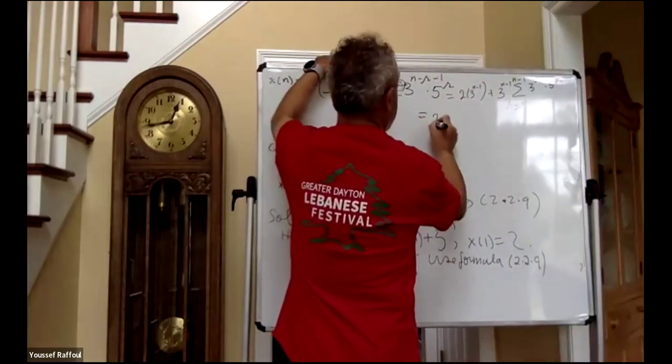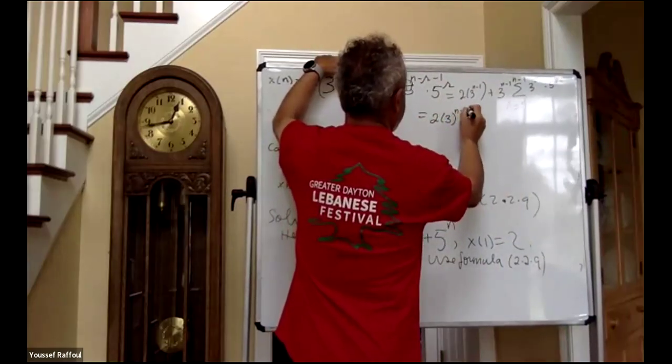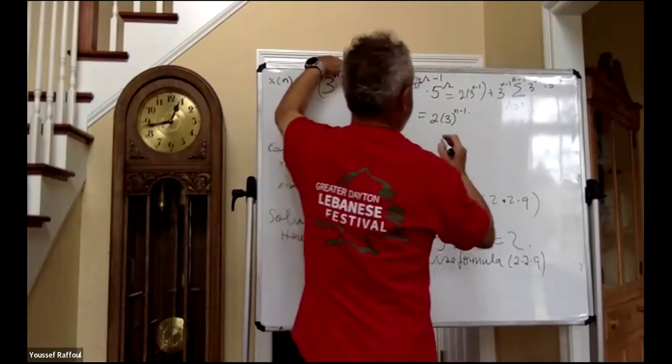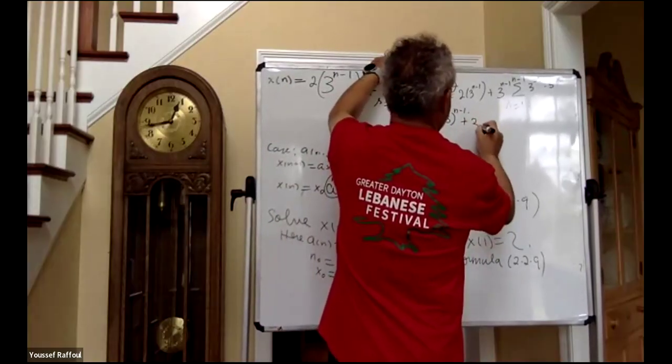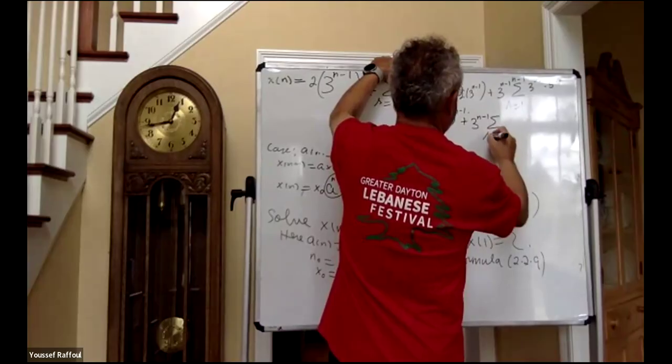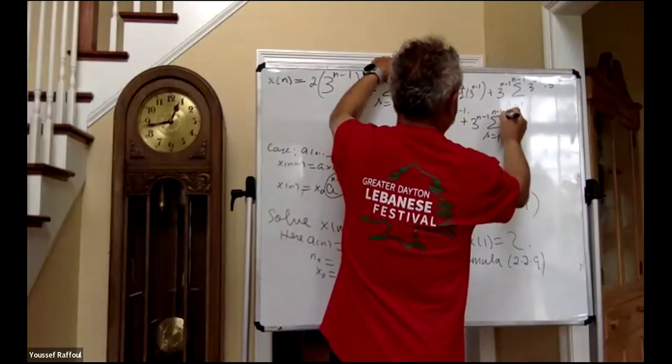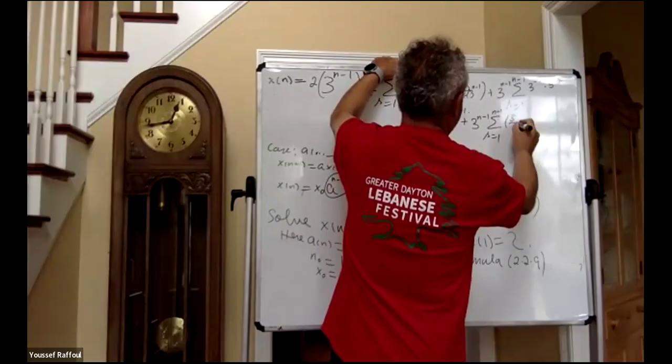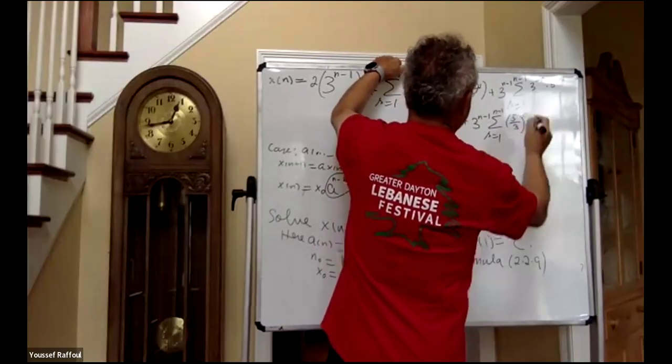So that is 2 times 3 to power n minus 1 plus 3 to power n minus 1 times the sum from r equal 1 to n minus 1 of 5 over 3 to power r.